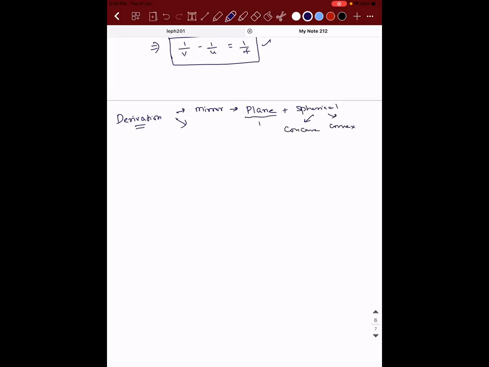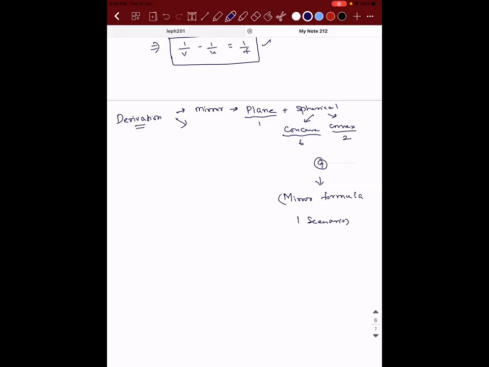Plane mirror has one ray diagram, concave has 6, convex has 2. So totally you have 9 ray diagrams with respect to mirrors. When you have 9 ray diagrams, you derived something called mirror formula for one scenario.